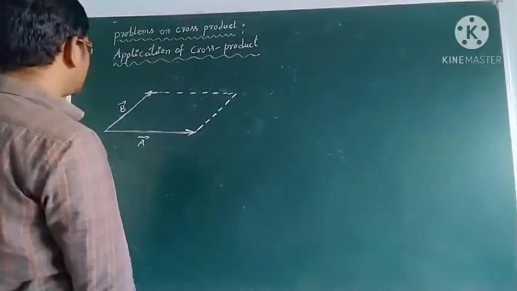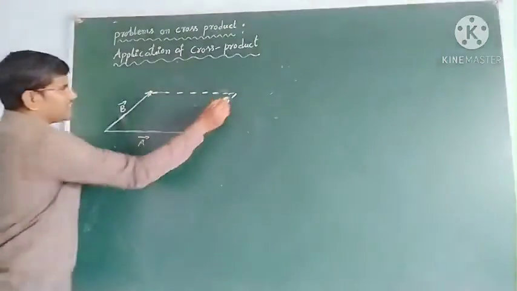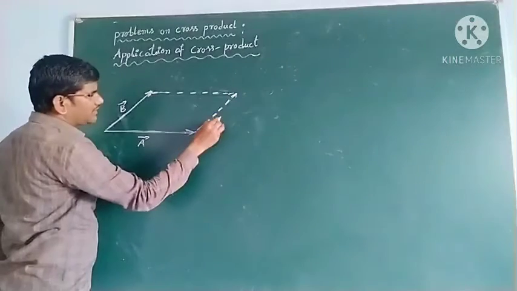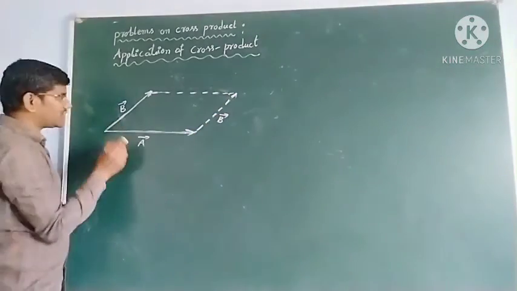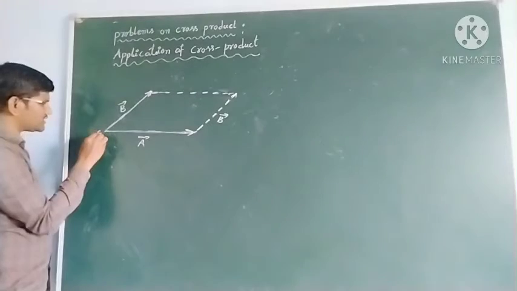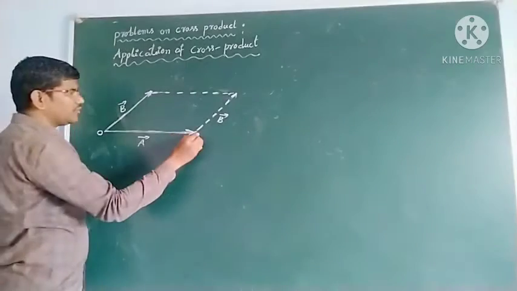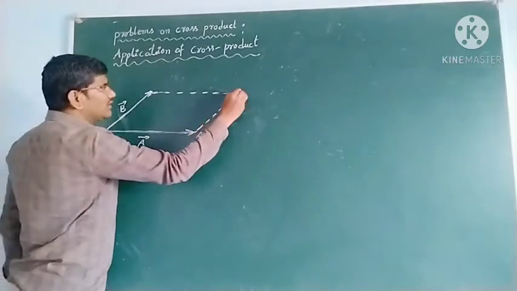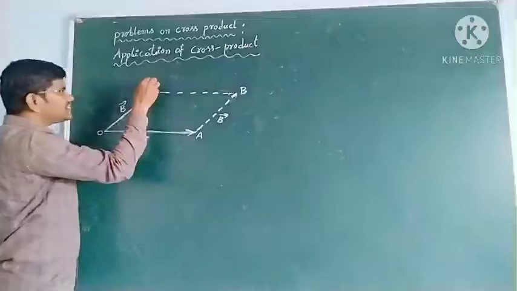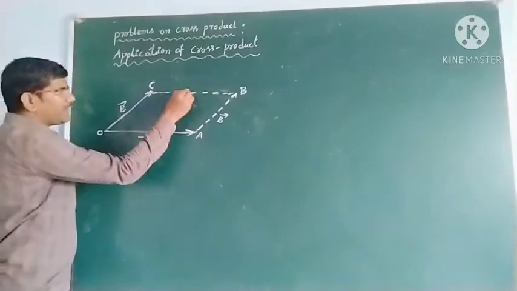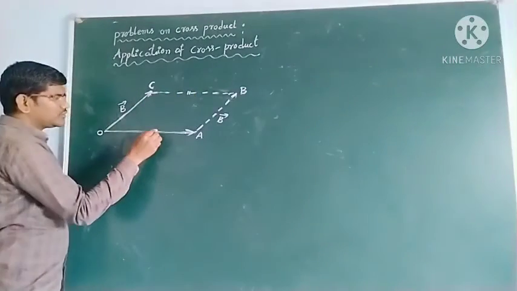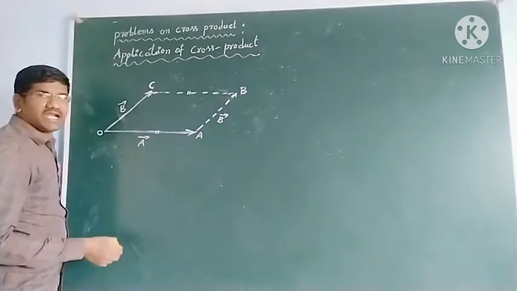Okay students, so then this will be also B bar vector, because A bar and B bar are the two vectors acting along the two adjacent sides of a parallelogram, that is O, A, B, C is the vertices of the parallelogram, and in the parallelogram we know that two of its opposite sides are parallel and equal.